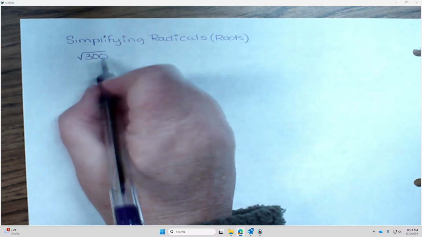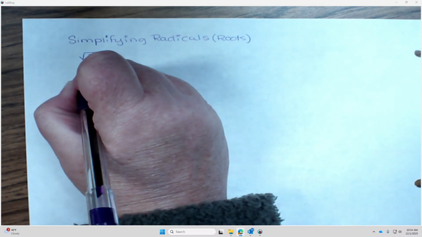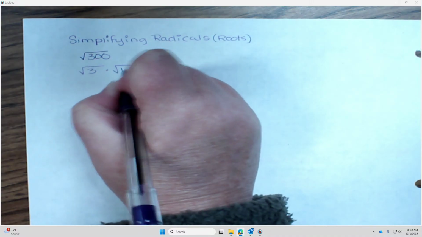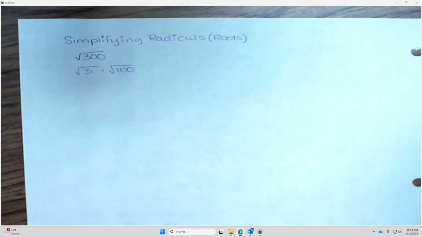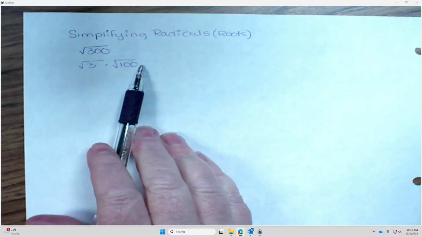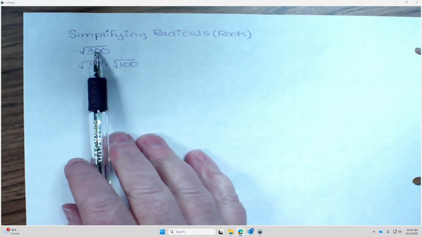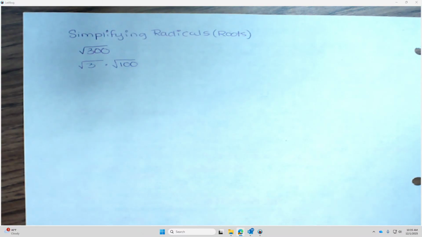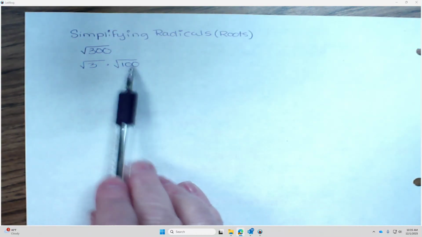When I look at 300, I see 3 times 100. My rules for radicals tell me that the square root of 3 times the square root of 100 equals the square root of 300. We just multiply what's underneath, which means I can also pull them apart like this. Now that I've pulled out a perfect square, I know what the square root of 100 is.